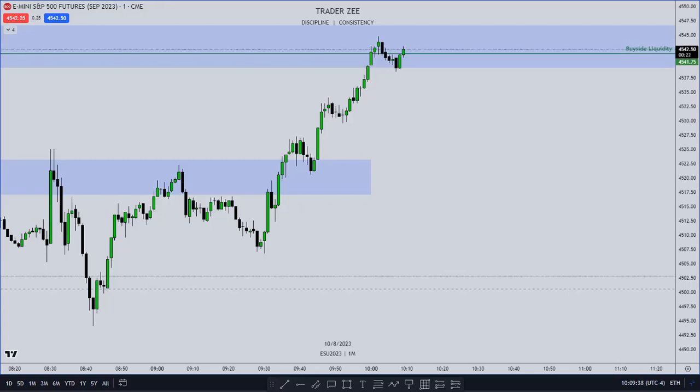Dow looks the most bullish to me, but we don't trade the Dow.